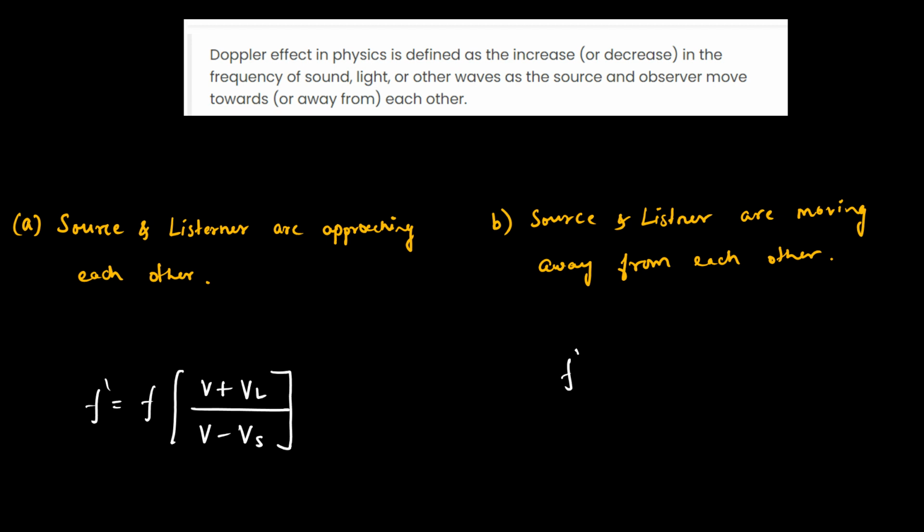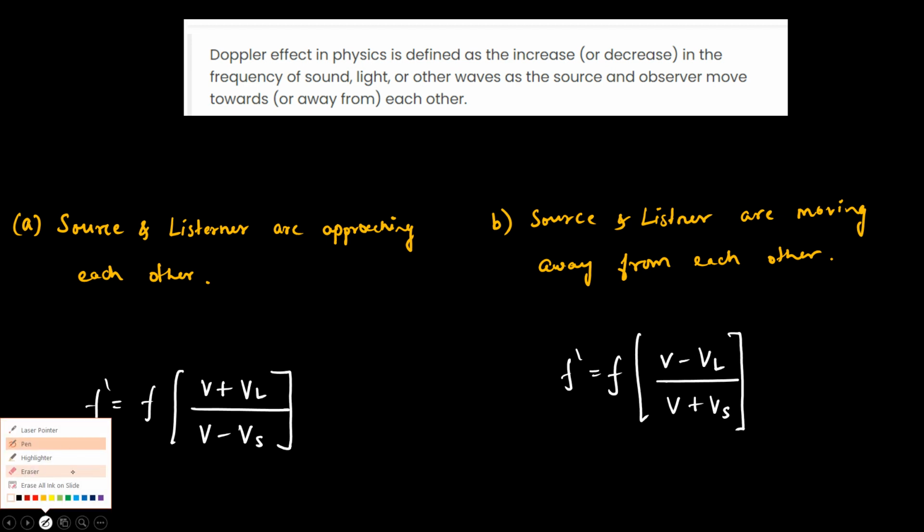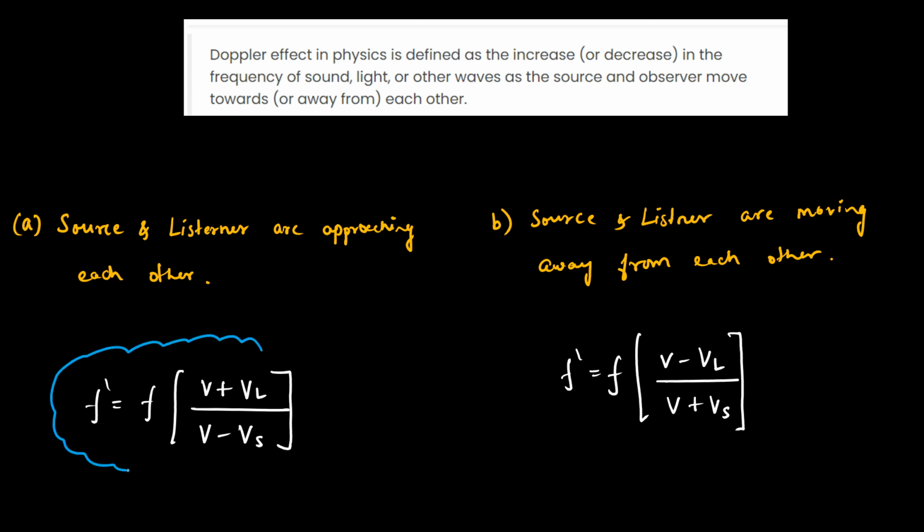Similarly, for this one, F dash is equal to F, the frequency, multiplied by, now it is going to be the opposite, V minus VL divided by V plus Vs. Both are one and the same. What is the difference over here? The only difference is that here it is plus minus, and here it is minus plus. Is it clear? So these two are the main formulas that you have to know.